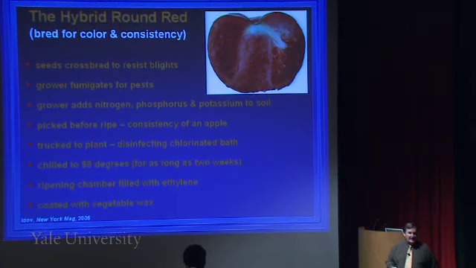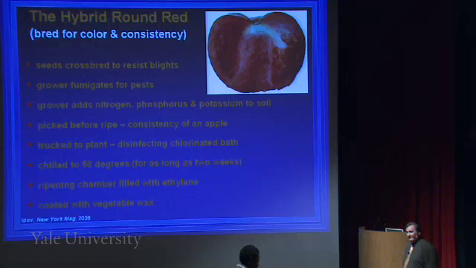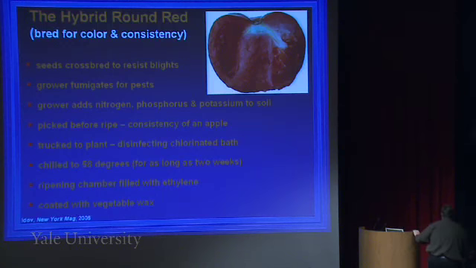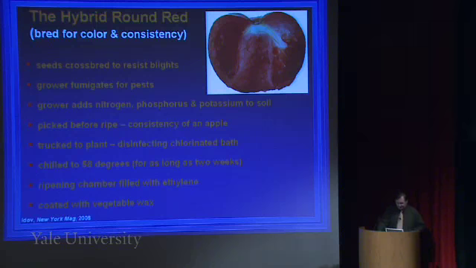Here are all the things that happen to that tomato by the time the seed goes in the ground and it gets to you. So I'll just let you read that. So that's a lot of stuff going on with that particular tomato.